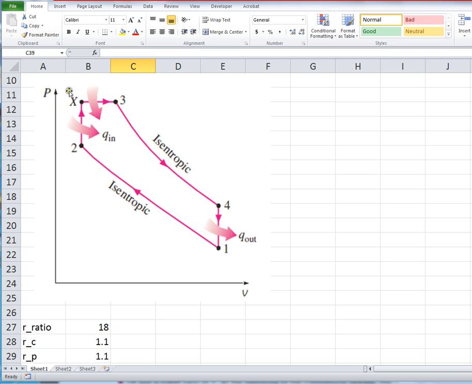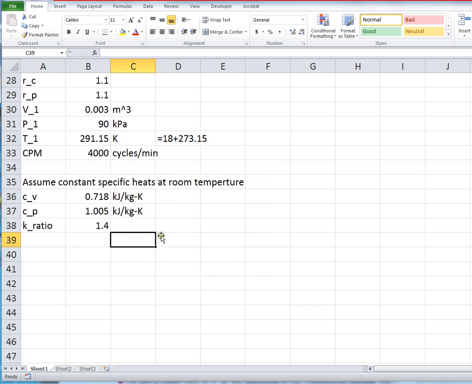For example, we may not know enough information to find state X, but we know that we have a constant volume process coming from state 2, and we have a constant pressure process going to state 3. And the intersection of those two processes defines a point, and we would be able to find it. But I believe we have enough information in this problem just to go station to station and find all of the states that we need.